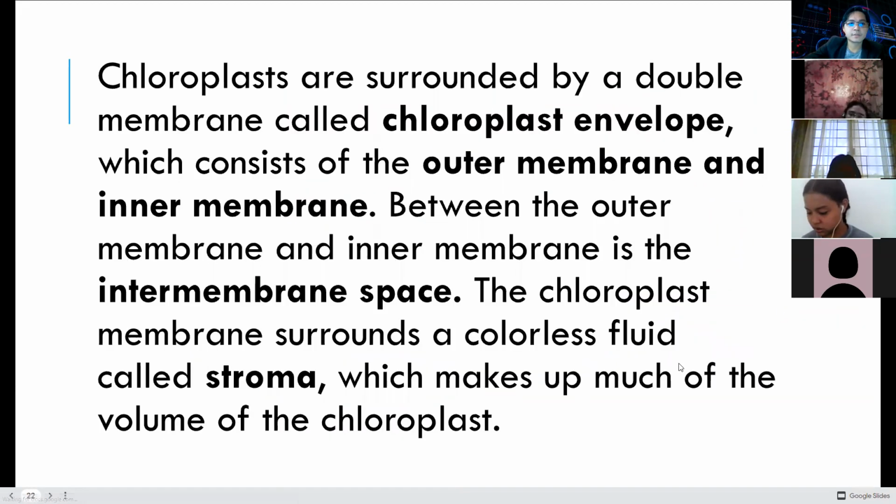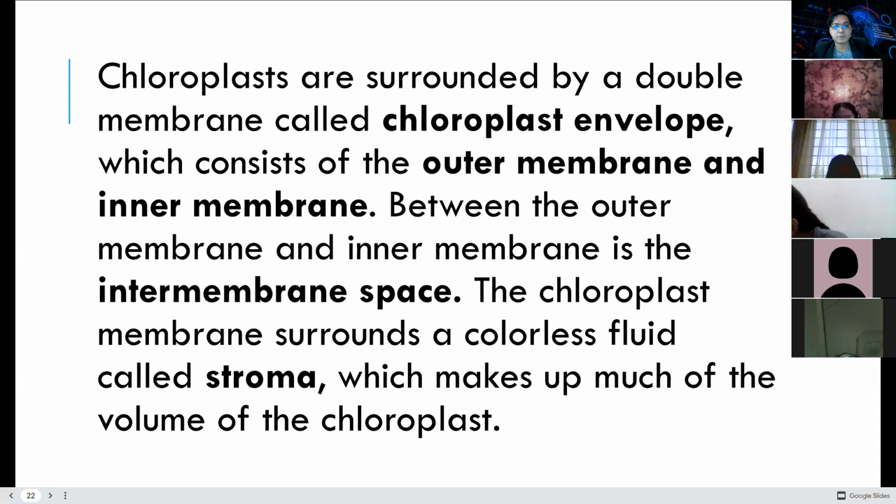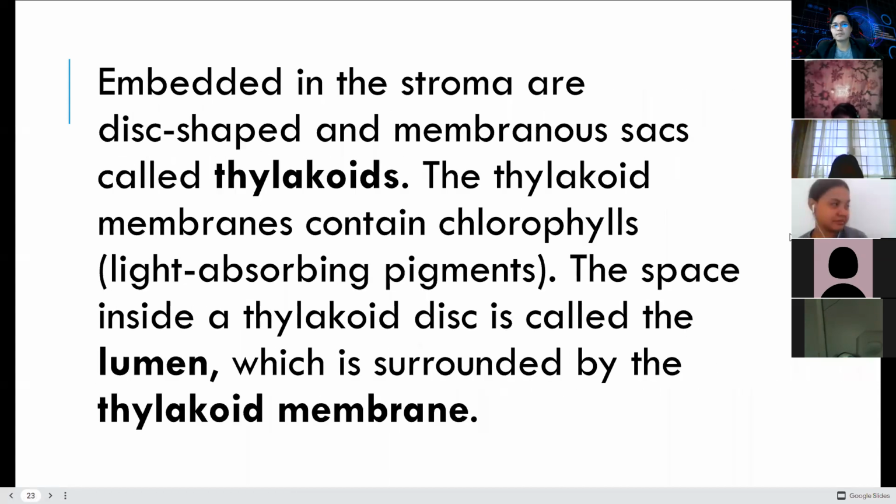Let's move forward. Chloroplasts are surrounded by a double membrane. Take note, double membrane. It needs to be protected because it is exposed to UV rays. It is called the chloroplast envelope, which consists of the outer membrane and the inner membrane. Between the outer membrane and the inner membrane is the intermembrane space. The chloroplast membrane surrounds a colorless fluid called stroma, which makes up much of the volume of the chloroplasts.